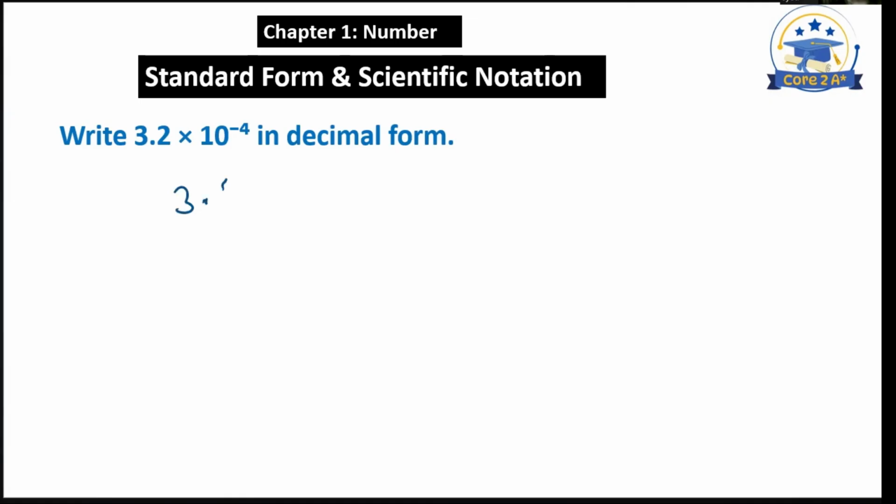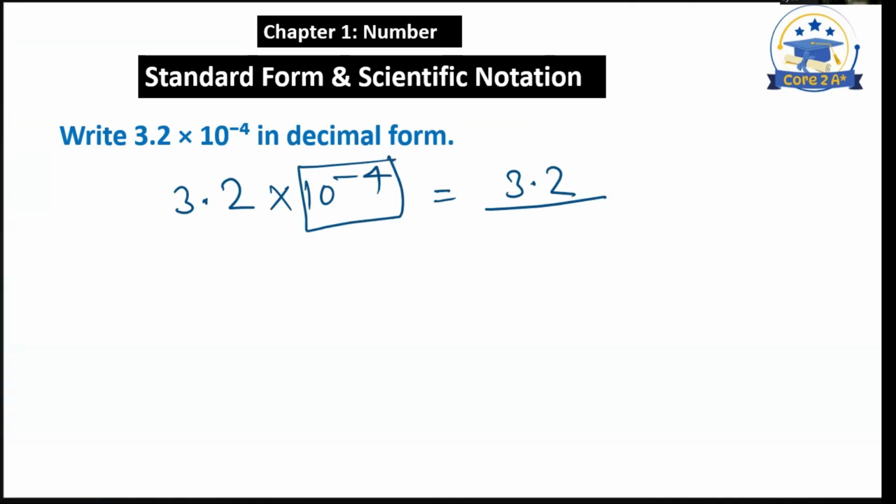See, 3.2, where is the decimal right now? Here, 10 to the power minus 4. You could also write it as 3.2 over 10,000, with the power in the denominator.